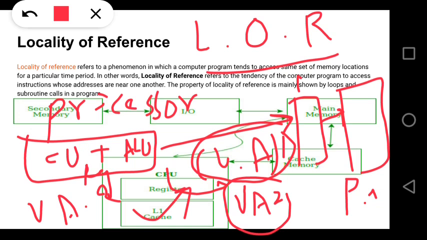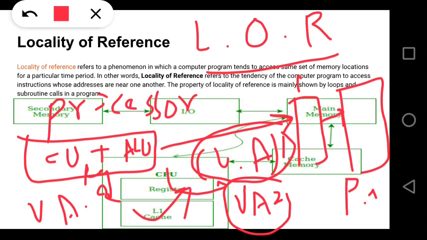That means maybe consecutive address locations.